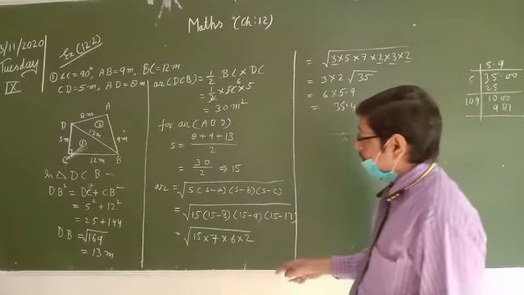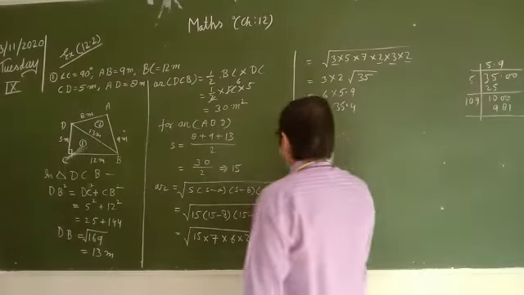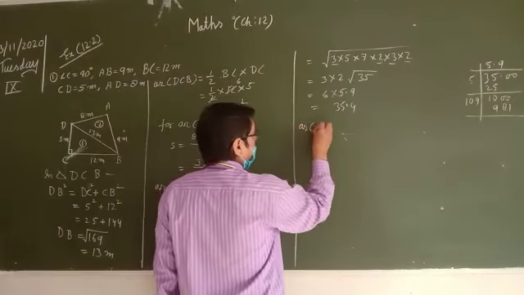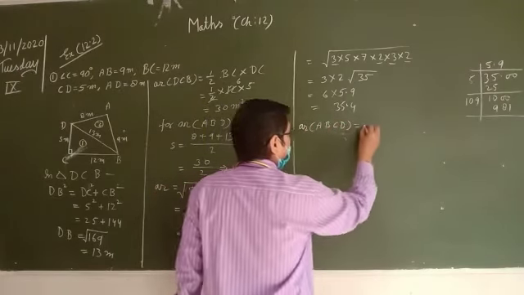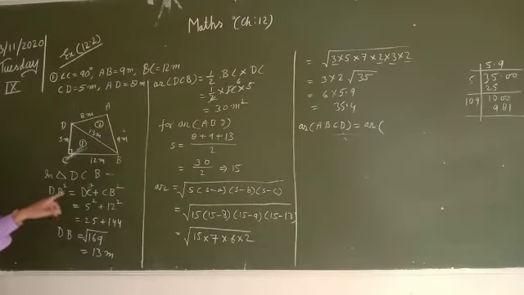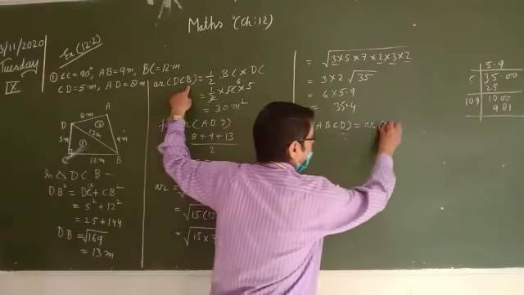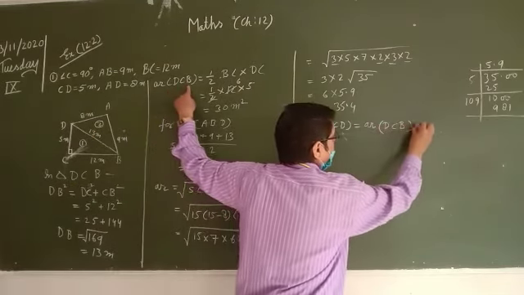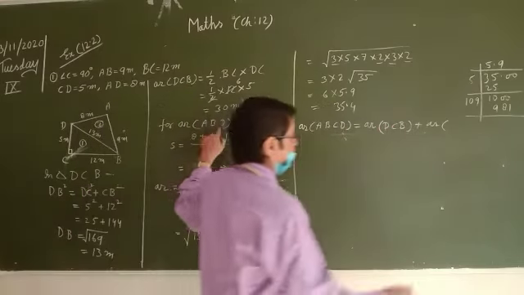This is the area of triangle ABD, and now we want to get the area ABCD. Area ABCD is the sum of two areas. The first portion was the area BCD, plus the other area, ABD.